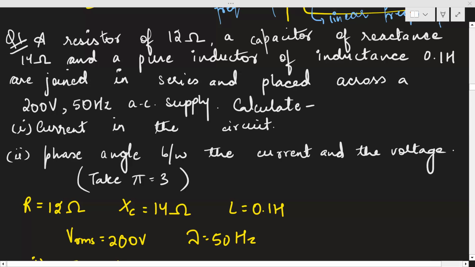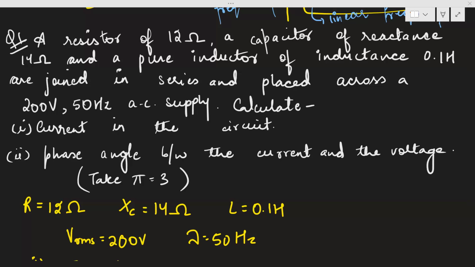Ma'am, why is it saying pure inductor? A pure inductor means we take a pure capacitor, pure inductor, and a pure resistor, and then combine them in an LCR circuit. Combine them in series. So it means it is not LCR? This is LCR.